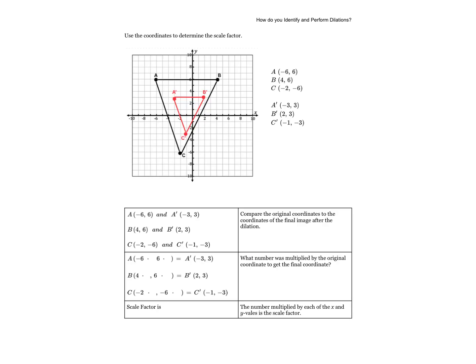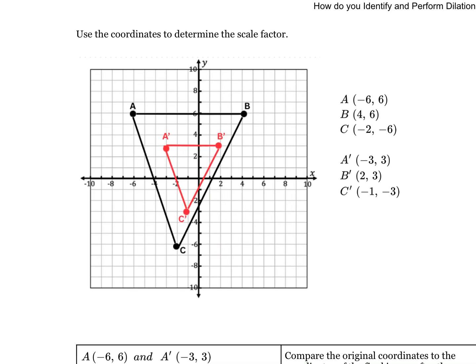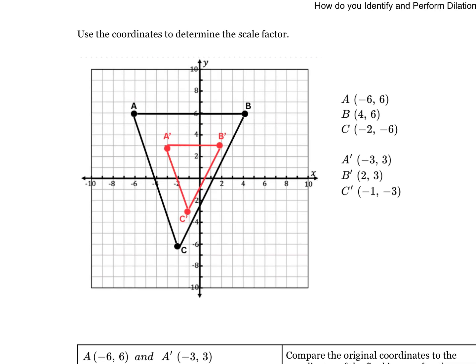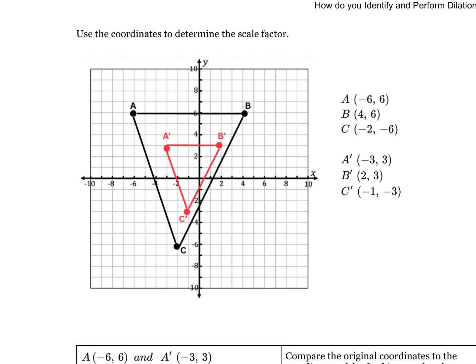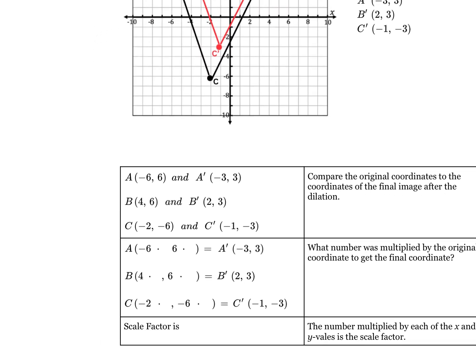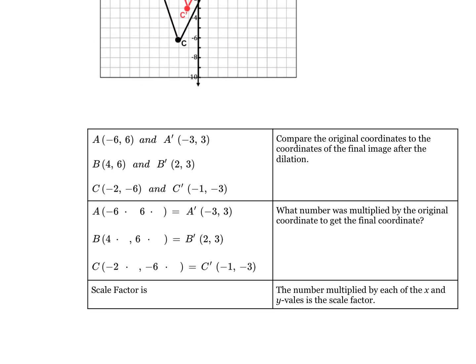Okay, now let's look at the same example, looking at the coordinates. Okay, so same example, I got ABC is reduced to A prime, B prime, C prime. So let's compare our coordinates. -6 to -3, 4 to 2, -2 to -1.